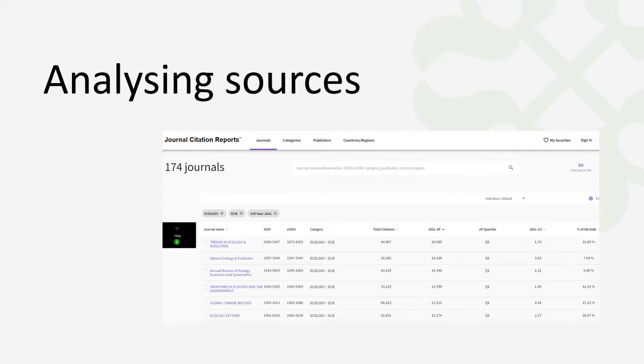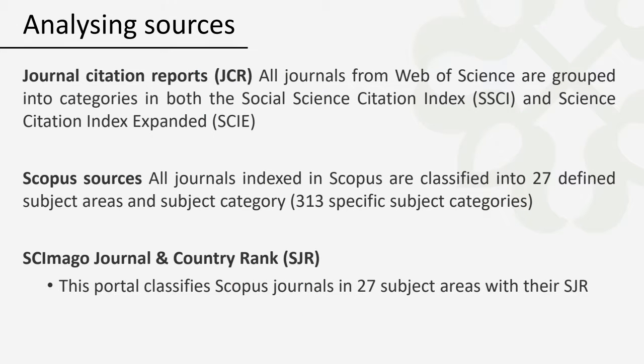Journal Citation Reports, or the JCR, is based on all the journals from the Web of Science, and it's grouped into categories within 2 indexes. I won't go into this in too much detail. There is also a module of Scopus, which we briefly looked at, called Scopus Sources, and that does a similar thing: it looks at all of the journals within Scopus and produces different categories and different indicators based on that data set.